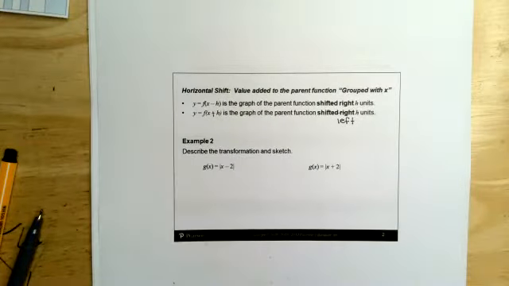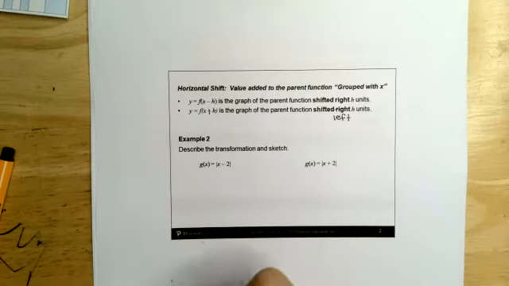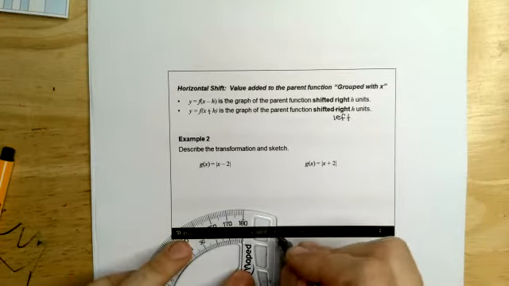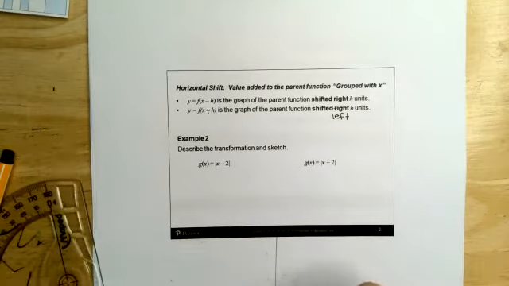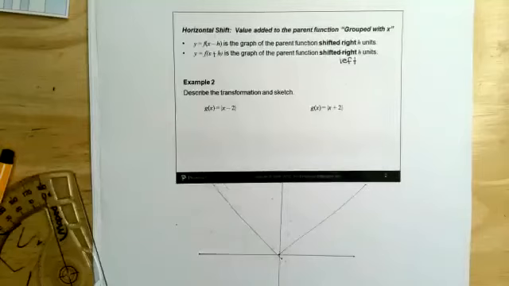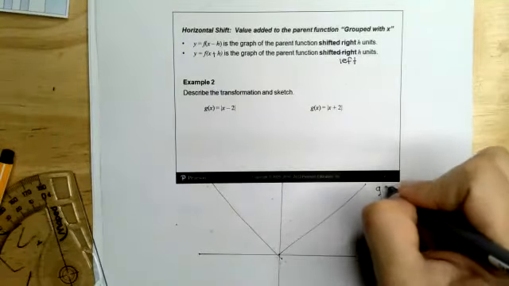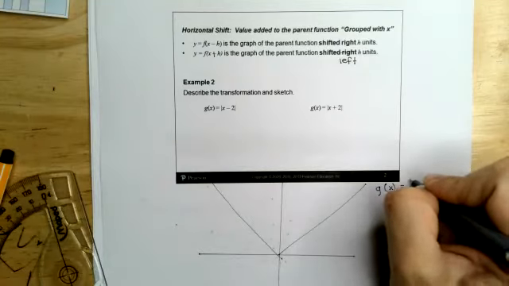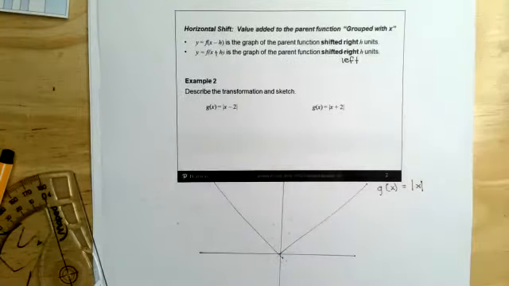Horizontal shifts, again, they are counterintuitive. So we've got our graph of absolute value of x, right? That'll just be g of x equals the absolute value of x.